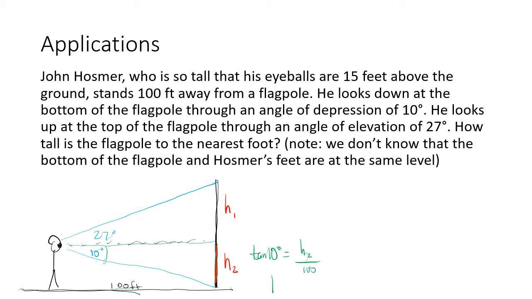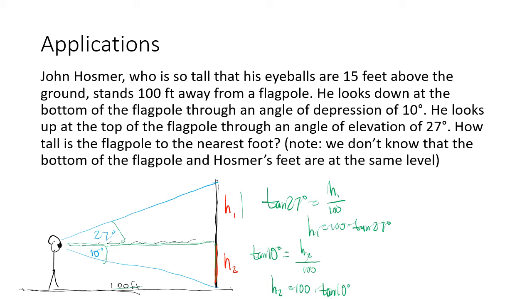So h2 is equal to 100 times the tangent of 10 degrees. We'll plug this into a calculator later. Now h1, similarly, with respect to this 27 degree angle, we know the adjacent side and we want to know the opposite. The tangent of 27 degrees is equal to h sub 1 divided by 100. So h sub 1 would be 100 times the tangent of 27 degrees.